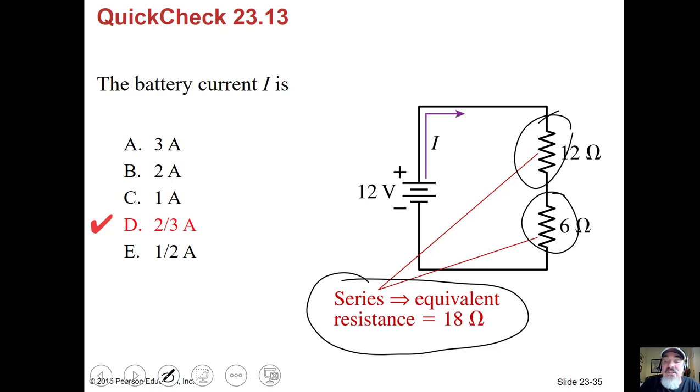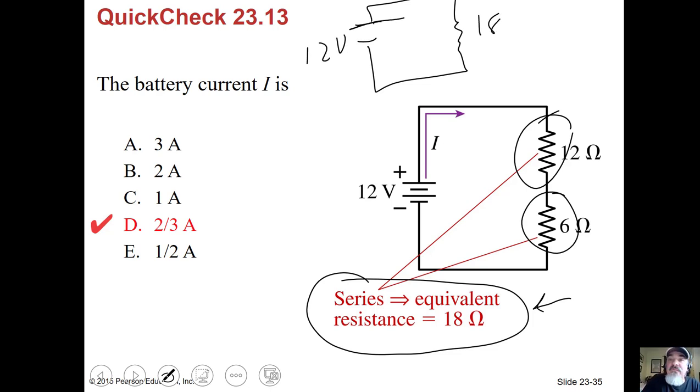So when it says equivalent resistance, that's what it means. What would you have to do to just have one resistor? That would be the same exact circuit if you had a 12 volt battery connected to an 18 ohm resistor. Then that's the same circuit. This more complicated one becomes that.